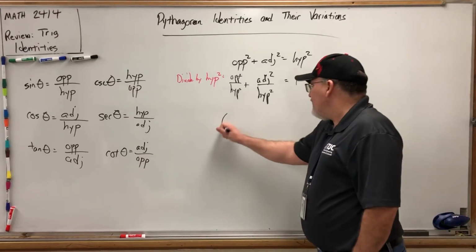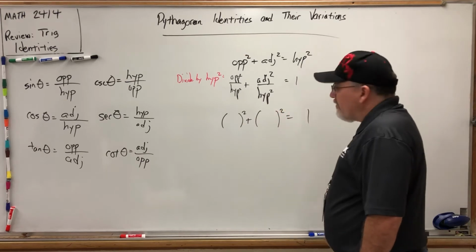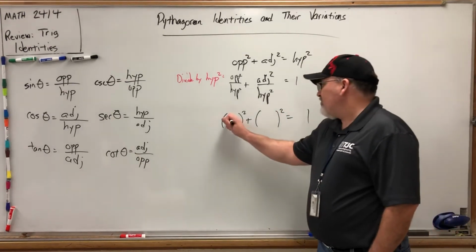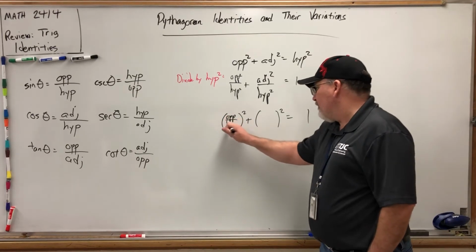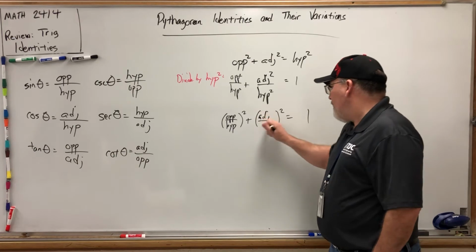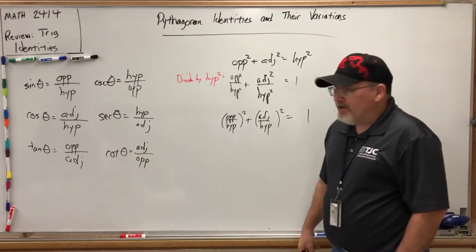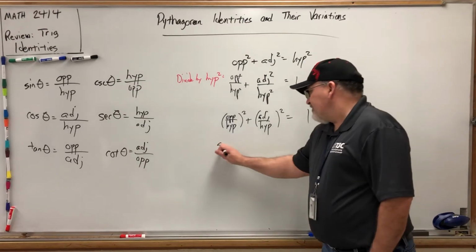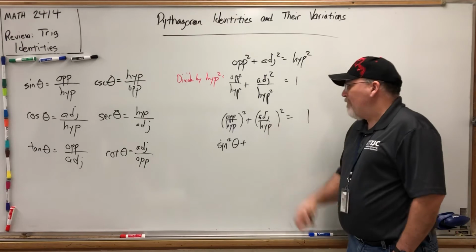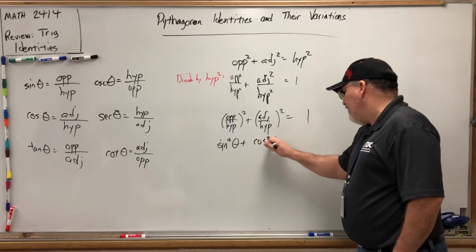But we can use an exponent rule that says if both the numerator and denominator of a fraction are squared, then you can just square the whole fraction collectively, and rewrite the first fraction as the square of opposite over hypotenuse, and the second one as the square of adjacent over hypotenuse. Well, opposite over hypotenuse is sine of theta, so we could write this as sine squared theta. Similarly, adjacent over hypotenuse is the cosine of theta, so we could write this as cosine squared theta equals 1.